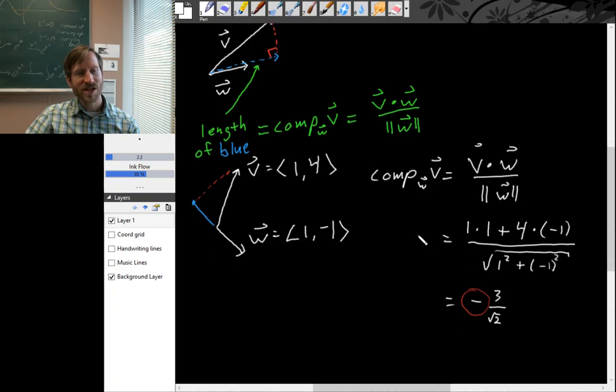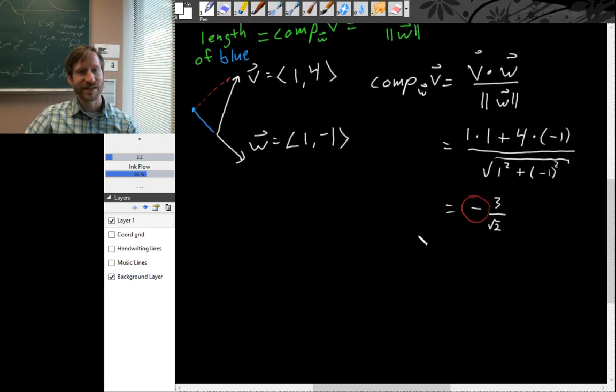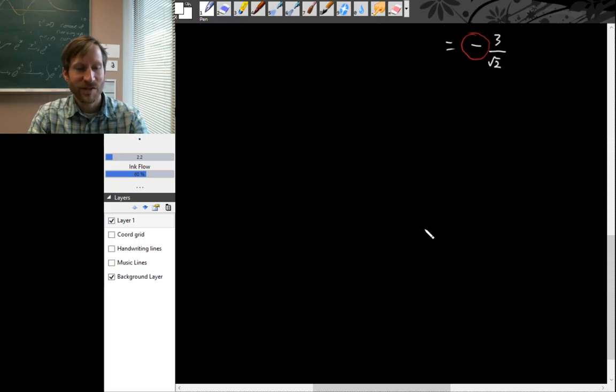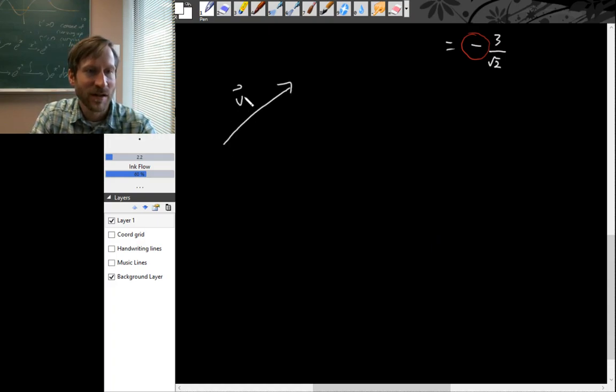The piece I wanted to add to this is, if you have v and w just like before, comp tells us the length of this flattened side. But often in applications where you want to flatten one vector onto another, you aren't so concerned with just the length of this blue side, but actually what this bottom side is as a vector.